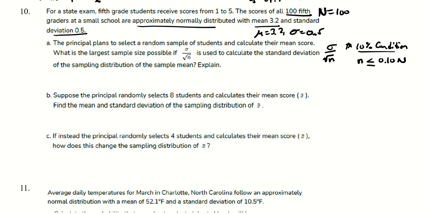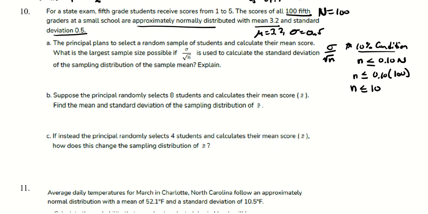And so if you did that, we can set n equal to this. We know that n would have to be less than or equal to 10% of 100. There are 100 fifth graders in the population, and so n would be less than or equal to 10. So you would have to do maybe 9 or 10 students. If you're saying it could be equal to, then it's 10. If you're saying strictly less than, then technically it'd be 9.